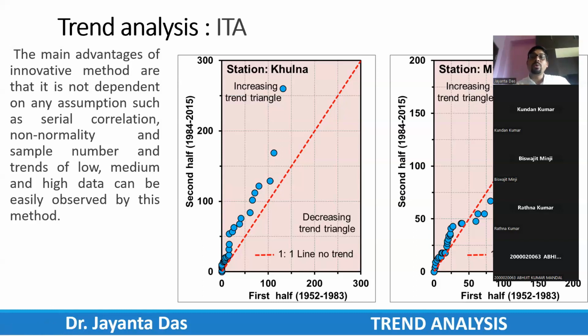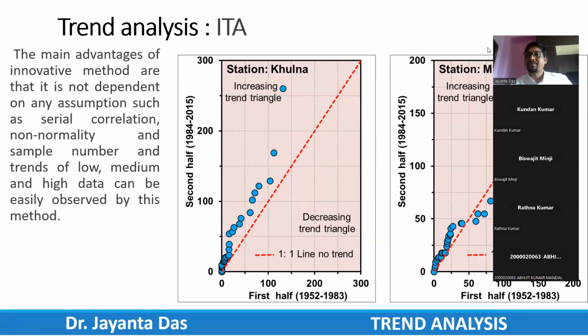If a scatter point falls on this line, it means there is no trend. If the scatter point falls in the upper triangle, then we can say increasing trend. If it falls in the lower triangle, then you can say it's a decreasing trend. So here we can easily say it's a monotonic increasing trend.